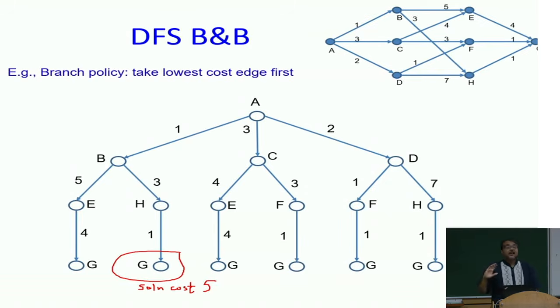So, I can't prune away anything from B at this point, but as soon as I take this edge, my cost has become 6 plus the heuristic of E, which is 4. So, I know that whatever the solution I am going to get from E, it will at least be length 10, and if it is at least length 10, do I need to explore any further?